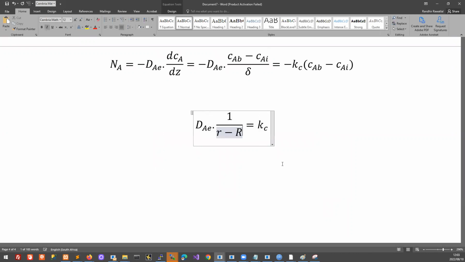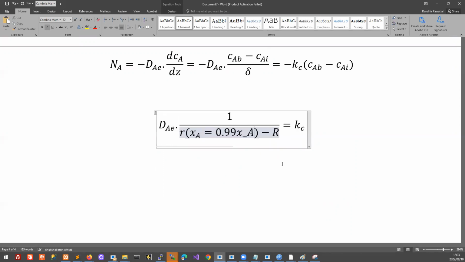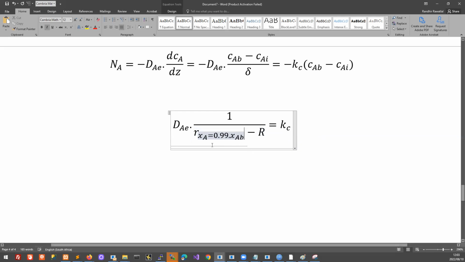R minus big R. So we can write this as R where x_A equals 0.99 x_A bulk. It's a bit notation heavy here, but hopefully that makes it a bit better.